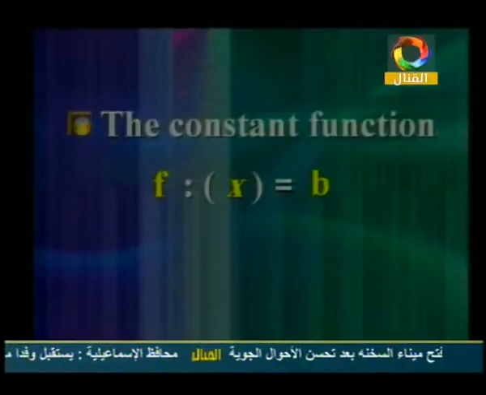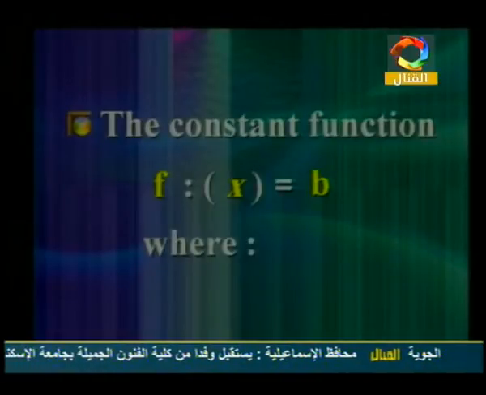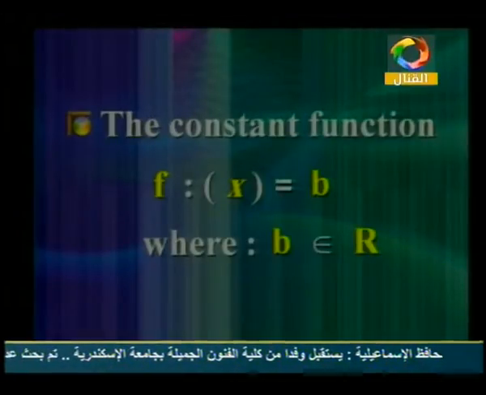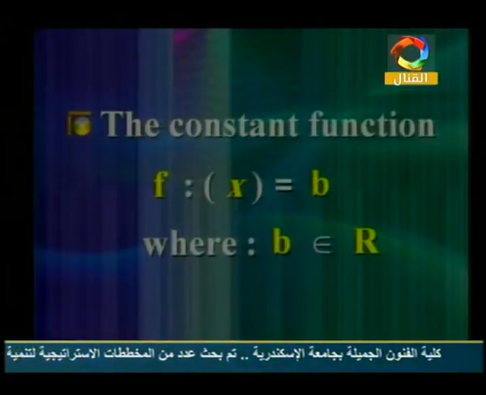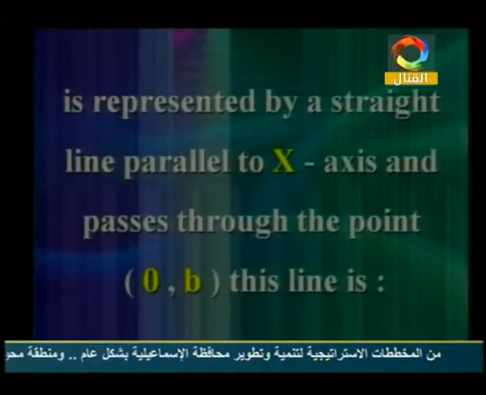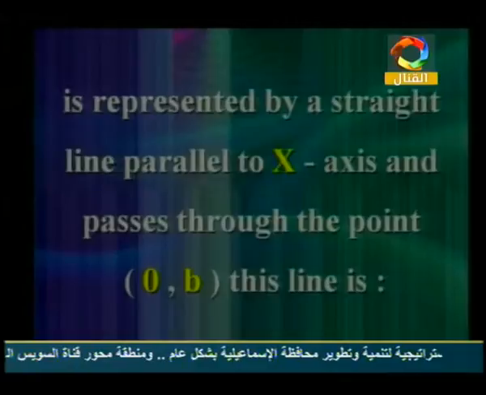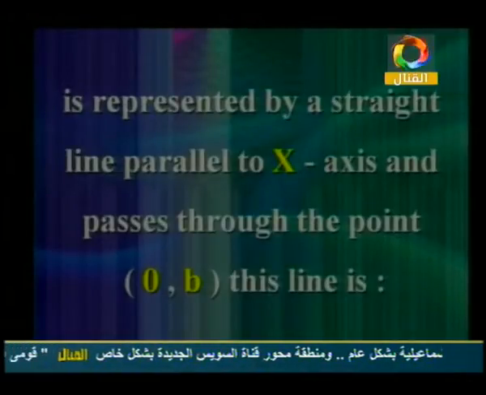Constant function f of x equals b, where b belongs to R, is represented by a straight line parallel to the x-axis and passes through the point (0, b).